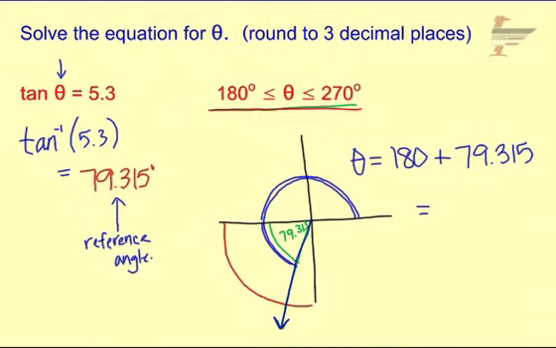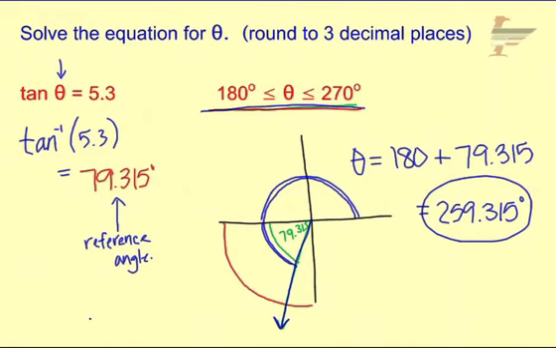So when we add those together, we get 259.315 degrees. Now, 259.315 degrees actually is between 180 and 270, so we feel a lot better about that answer.